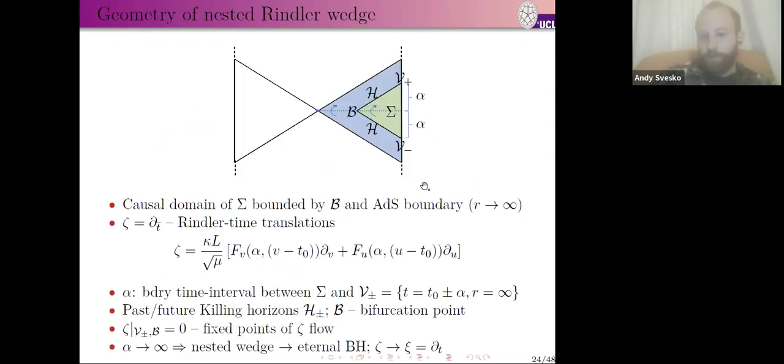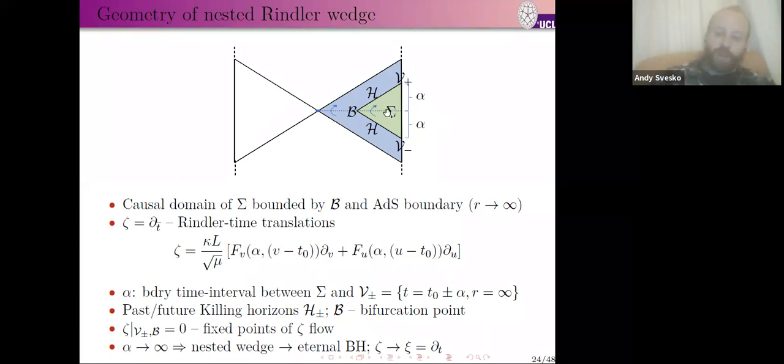Okay, so in order to get there, I want to first describe a little more of the geometry of this nested wedge. The nested wedge is really the causal domain of a Cauchy slice sigma that's stretched between the bifurcation point B and a point on the conformal boundary. To describe the geometry inside this nested wedge, I'm going to denote coordinates using bars.